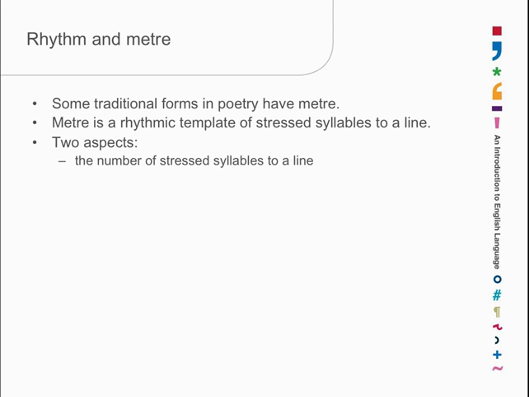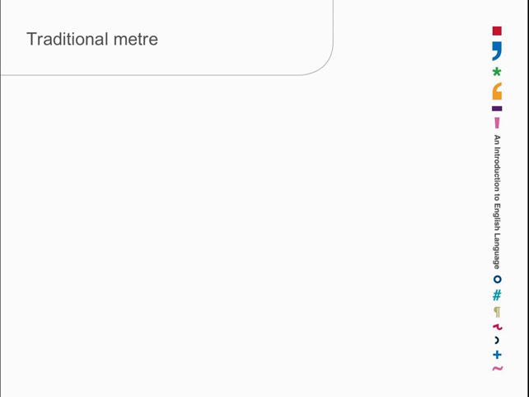So there are two aspects. How many stressed syllables are there to a line of poetry, and what is the sequence of stressed to unstressed syllables? And these are called feet, sequences of stressed and unstressed syllables. Well, line lengths: if there are only two stressed syllables to a line, it's called dimeter.